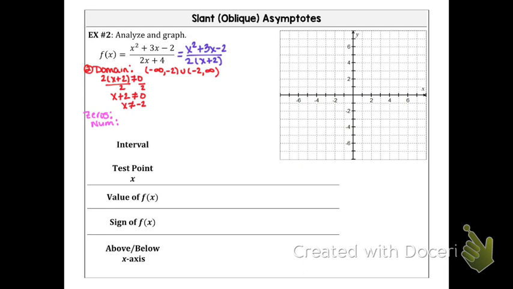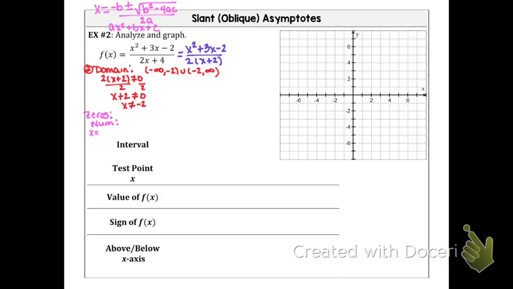Let me write up here at the top. So remember our formula for the quadratic formula, x equals negative b plus or minus square root b squared minus 4ac all over 2a, where it's always in the form of ax squared plus bx plus c.